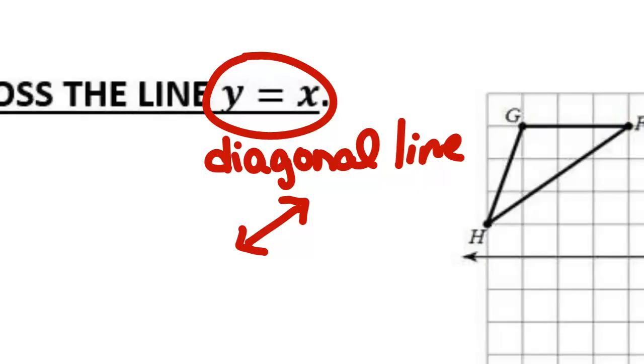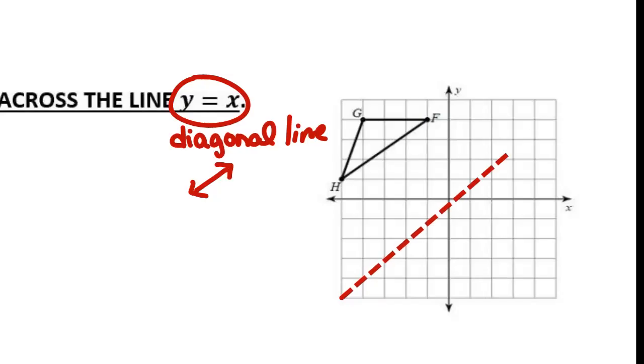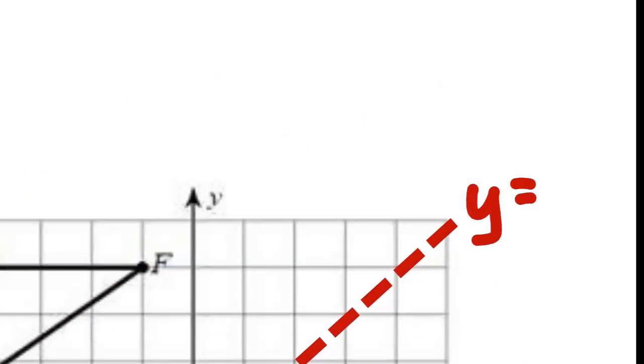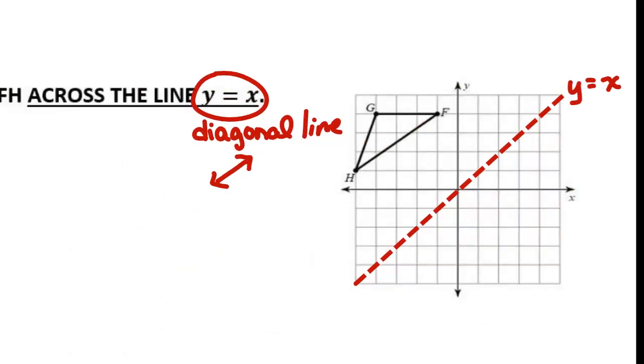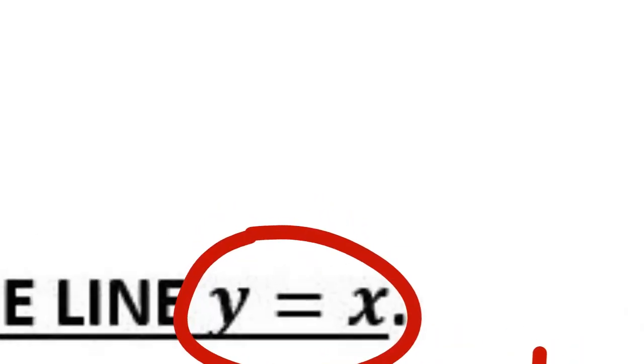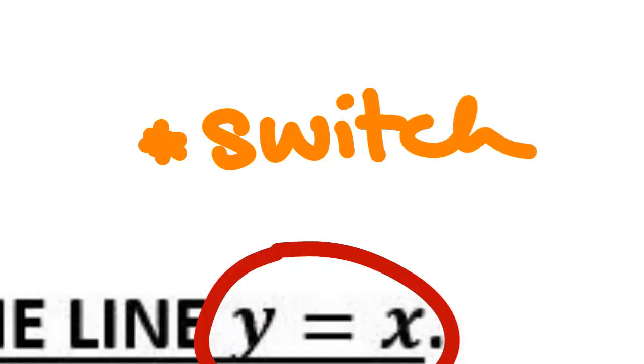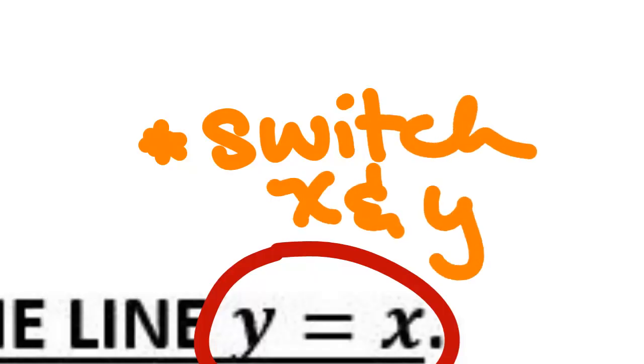It starts low on the left and goes to high on the right. This right here is the line y equals x. It goes through the points (1, 1), (2, 2), (3, 3), (4, 4), (5, 5), where the x's and the y's are the same. To reflect across that line, we are going to switch x and y.